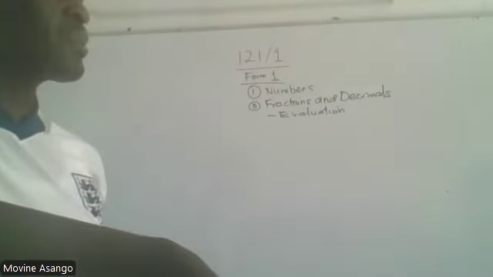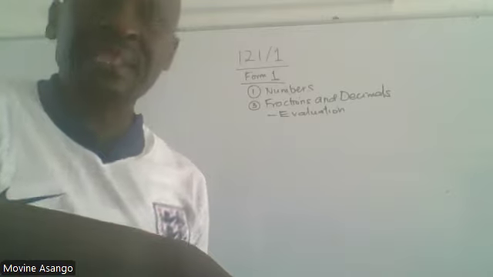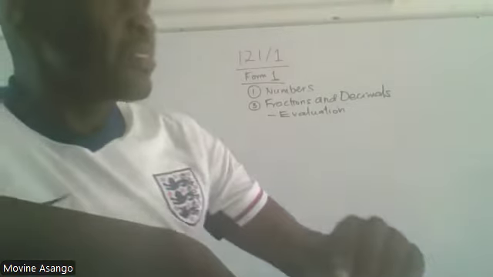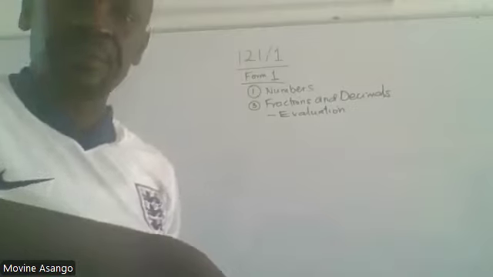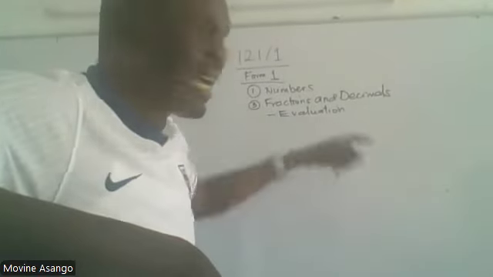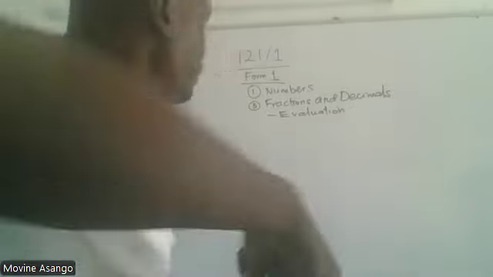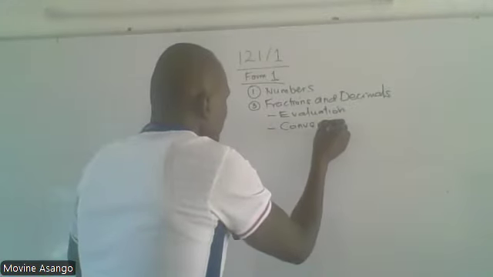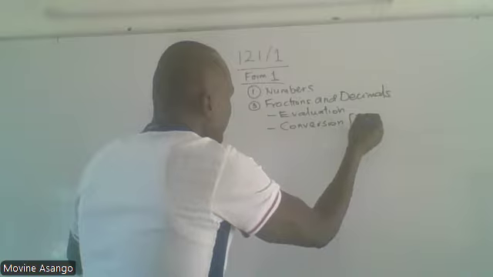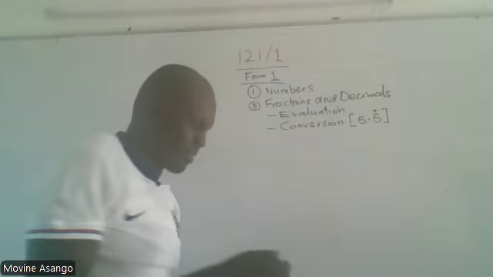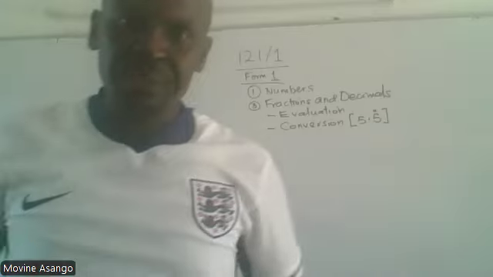For example, you cannot add 1 over 3 directly to 2 over 5 without showing us the LCM of 3 and 5. So you must show the evidence that a calculator has not been used. We also look at conversion. For example, recently candidates were asked to convert 5.555 recurring into a fraction.